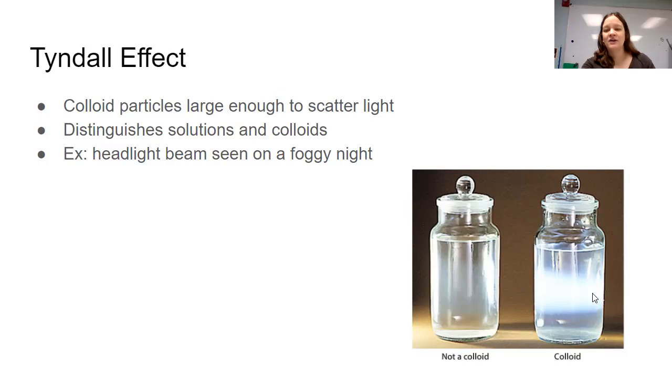But in the colloid, you can see the light as it's bouncing off the particles. Okay, so fog makes a colloid. And so when you're driving through fog, and you turn your headlights on, you're not supposed to turn them on bright, because all it's doing is reflecting that light back at you. Because the fog particles are just scattering the light.